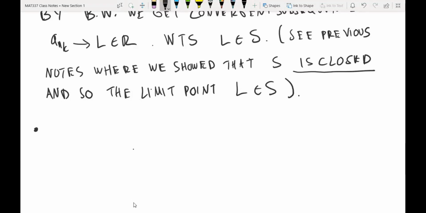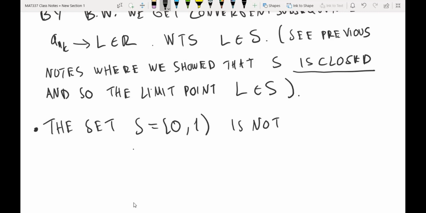So let me see. Shall I do more examples? Yeah, I'll do a few more. Now the set [0,1) is not compact.